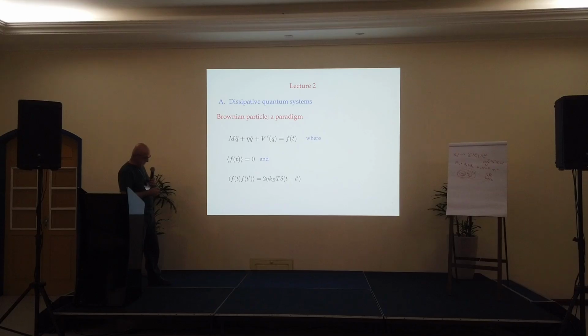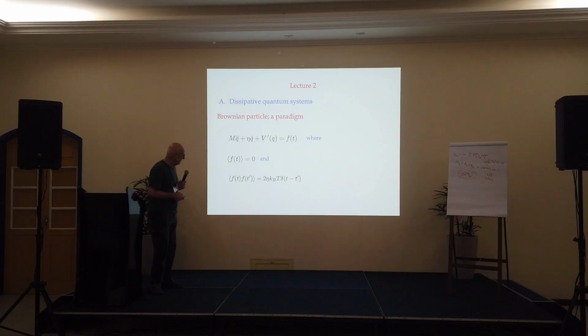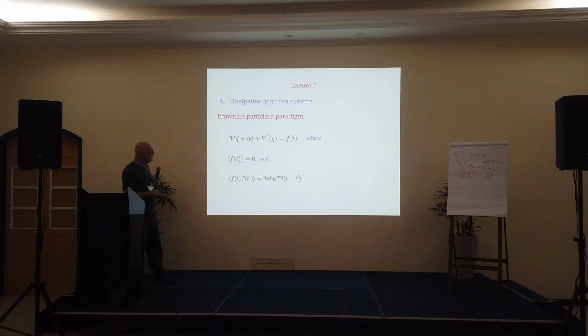Q is the coordinate of the particle, and we have an external potential, whose derivative is a force. And then there is the fluctuating force, which is zero on average, and has this sort of white noise dependence.